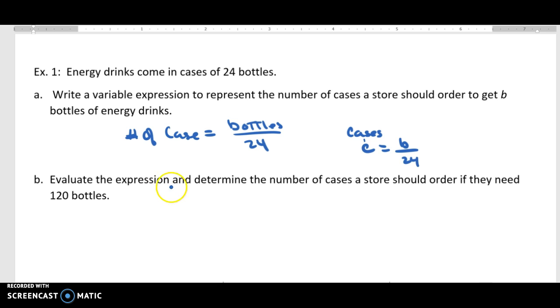Now evaluate the expression and determine the number of cases a store should order if they need 120 bottles. So right here, this tells you B is 120. So the number of cases would be equal to 120 divided by 24, which means you would need 5 cases. Okay.